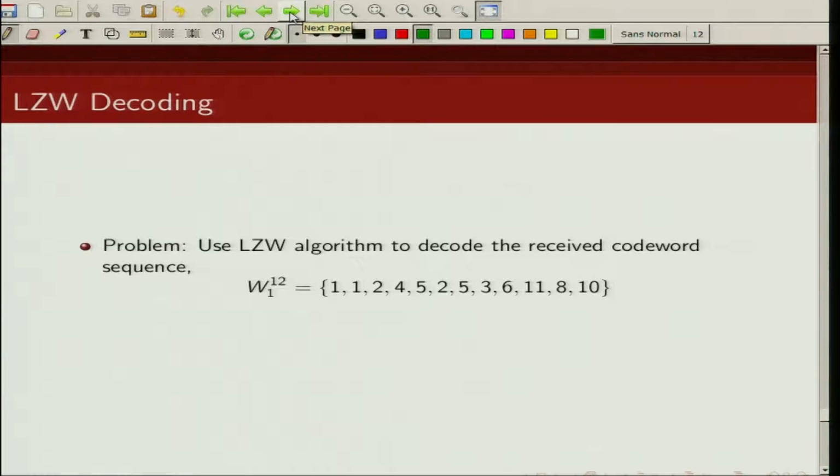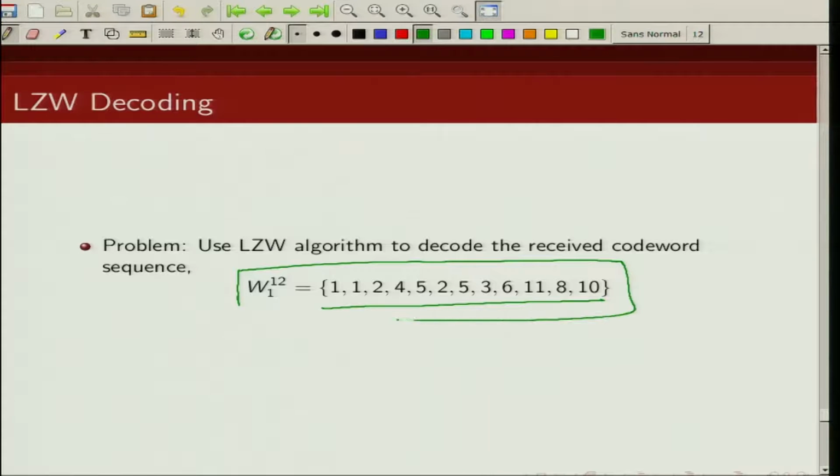So this is the same sequence we just coded, and this was the sequence in which it was coded. So let's try to decode back our original sequence. Lempel-Ziv coding will give us basically coding of these positive numbers. From these positive numbers we have to get back our original sequence.